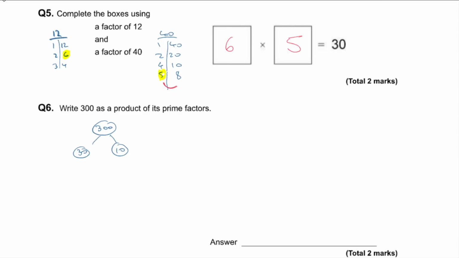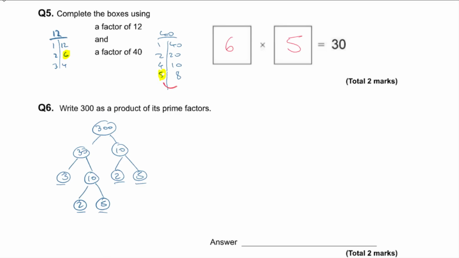You say, well, what numbers multiply together to give me 30? Well, that's 3 and 10. And 10 is 2 times 5. Now, they're both primes, and so I can stop there, and so is 3. But 10 isn't, so I'm going to keep breaking that down, and I'm going to get 2 and 5 as prime factors.